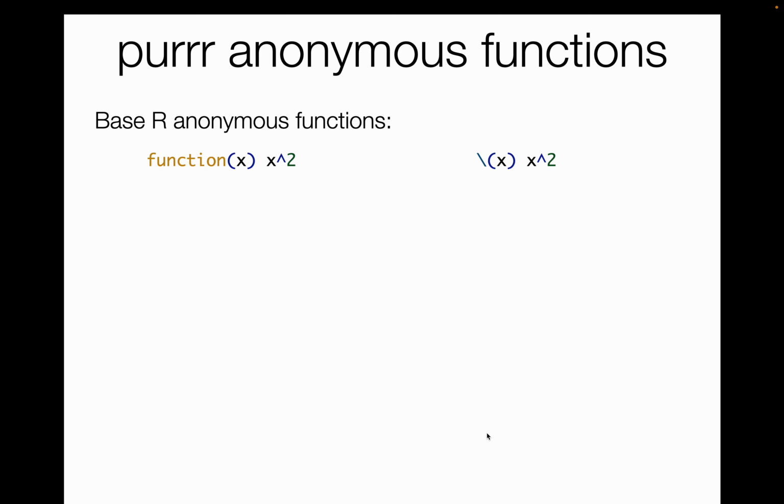When it changes, there are three numbers associated with R. So we're on R version 4.1.1 or something. But there are three numbers associated with R.